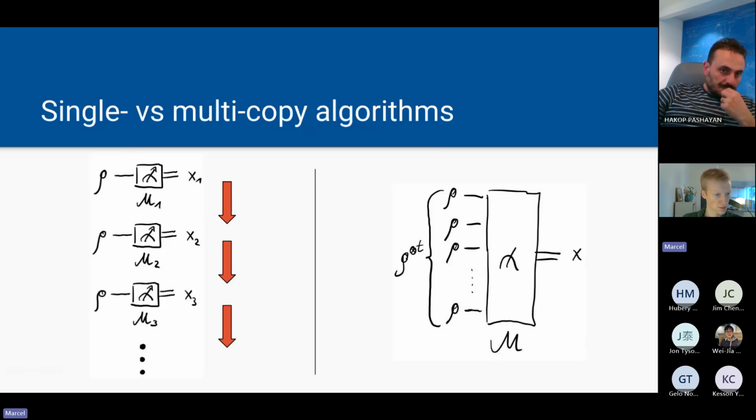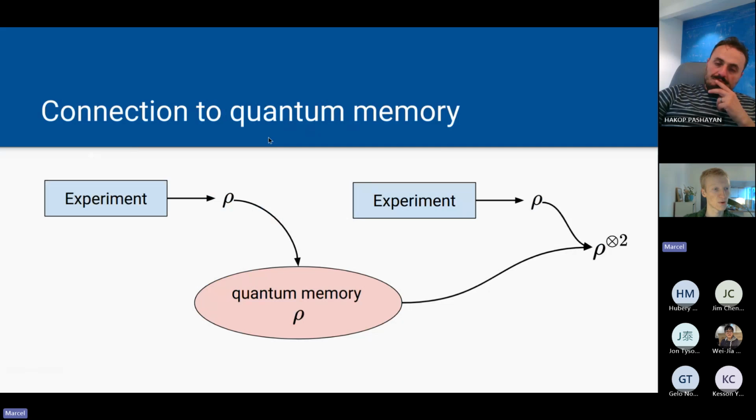For instance, this concept has been linked to quantum memory, in the sense that imagine how you would try to implement a multi-copy algorithm in a scenario where you have an experiment that spits out a state rho, or fresh copies of the state.